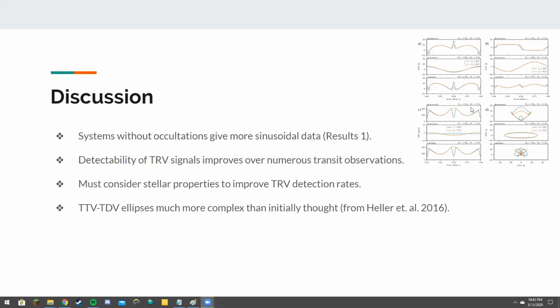But in reality, it seems like it's much more complicated than an ellipse, due to this interference between TTV and TDV counterparts. And this is kind of seen by the canceling out in these simulations here.